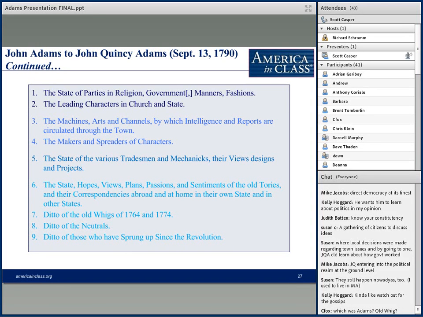What are the ideas of the people who were Whigs, that is, the people who were patriots, revolutionaries? What about those who stayed neutral? And then those who sprung up since the Revolution, because there are plenty of people by 1790 who are out at this town meeting who were probably young children during the Revolution. So we have here John Adams thinking about people in a historical way, as well as what they do today.